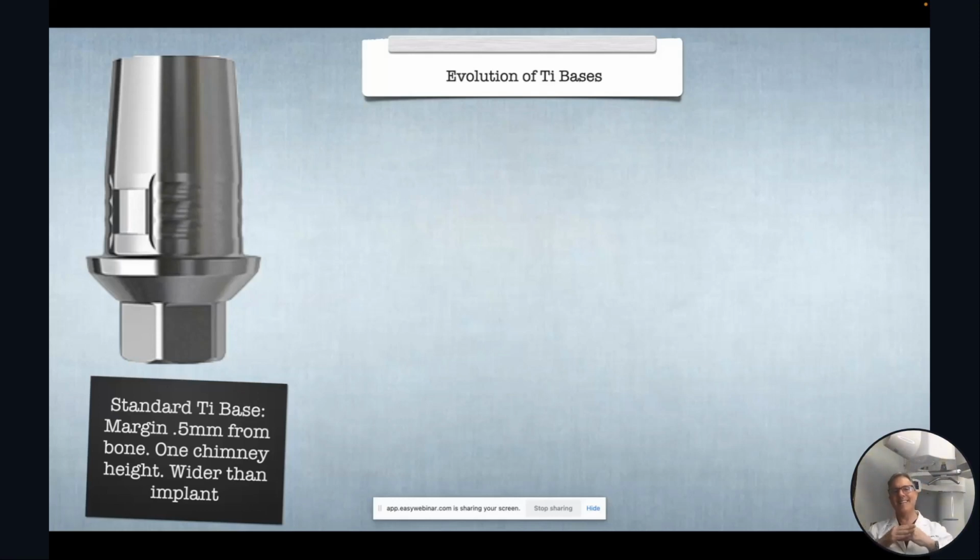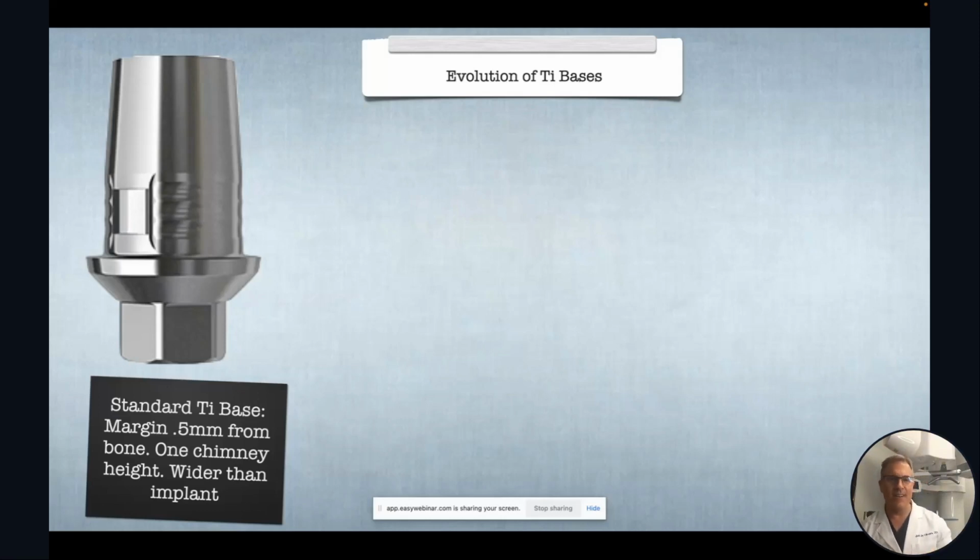Because it's that close to the bone, we're going to have biologic width issues. We try as hard as we can to polish the cemented restoration that's on the tie base, but we don't really get it all off, or maybe it's a little rough, and that's going to cause problems down the line.